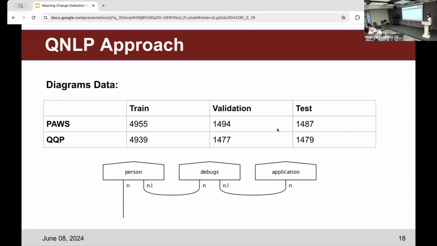And what is the fraction of the whole data set? Is it like 10%? Oh no, it's 5%. The whole POS, I suppose, has nearly 40,000, and Quora question pairs is some kind of similar.